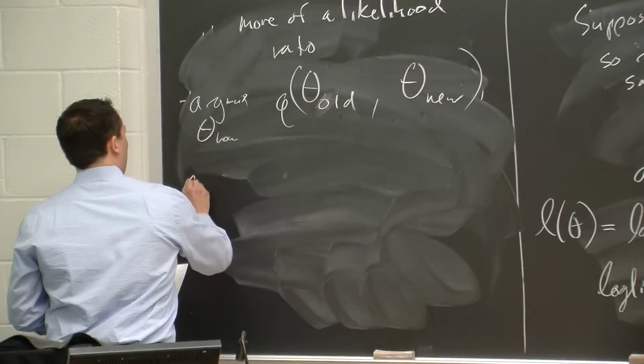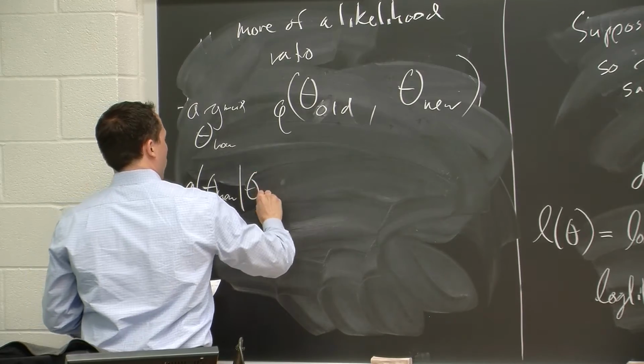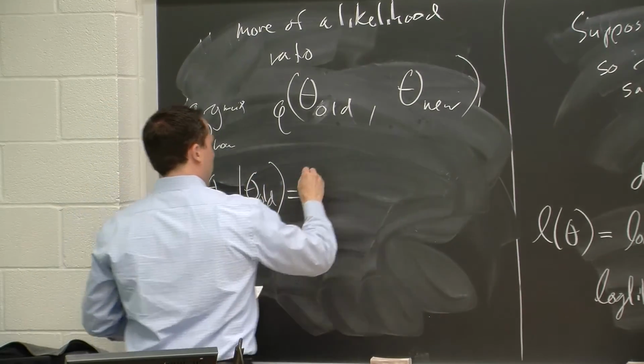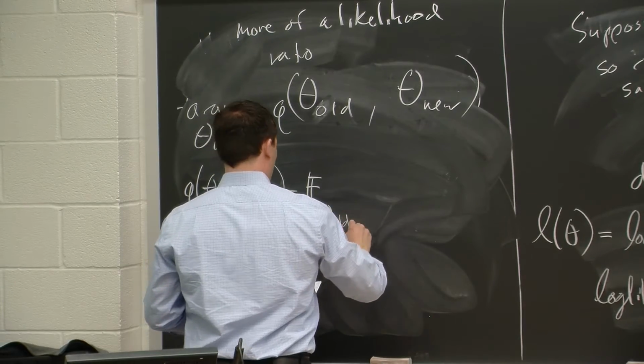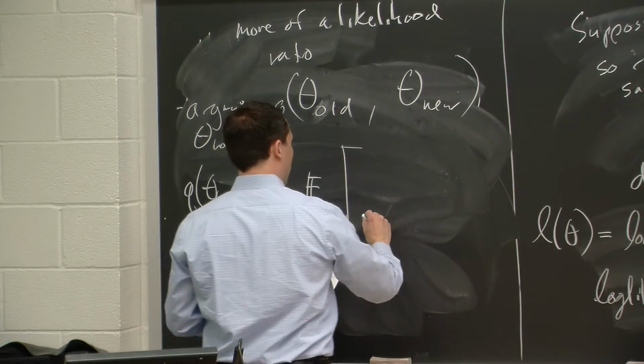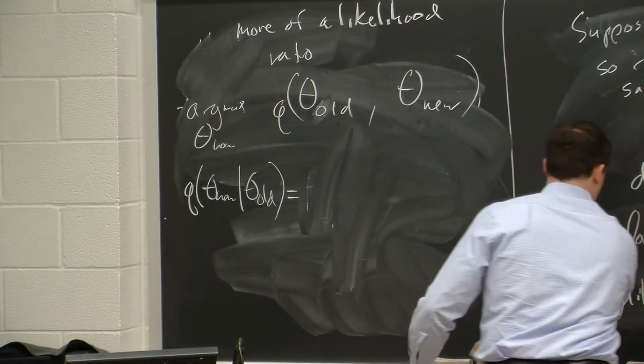So let's say this Q of theta new given theta old is like an expectation under theta old. Actually, I'll write it up here because it's going to be too small.